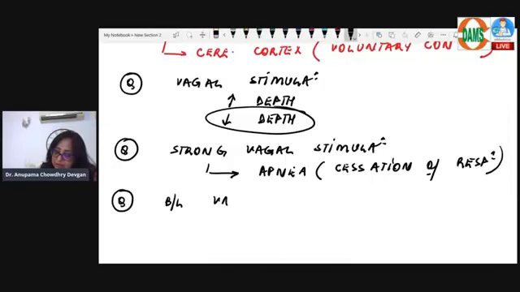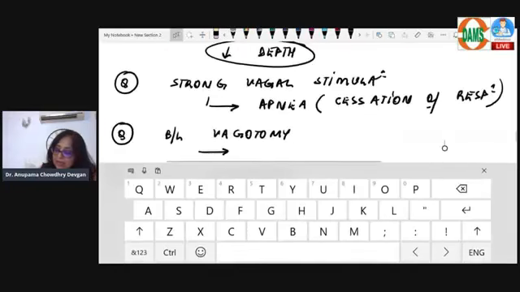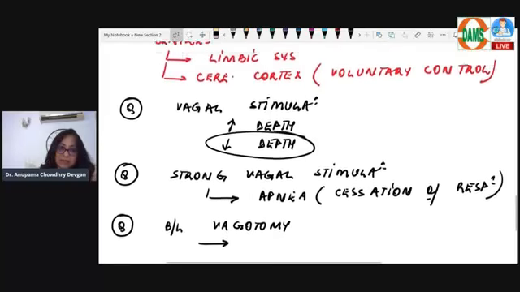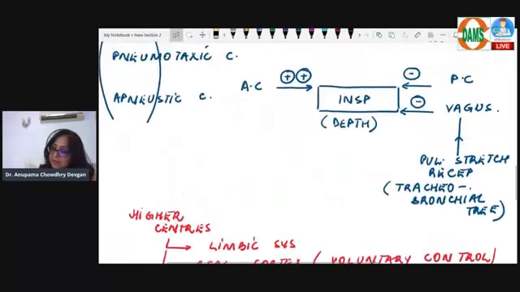Bilateral vagotomy causes increase in depth or decrease in depth? Supposing there is a bilateral vagotomy, that means I remove the vagal input, 1 negative influence is gone. Now 2 pluses of apneustic, 1 of pneumotaxic.